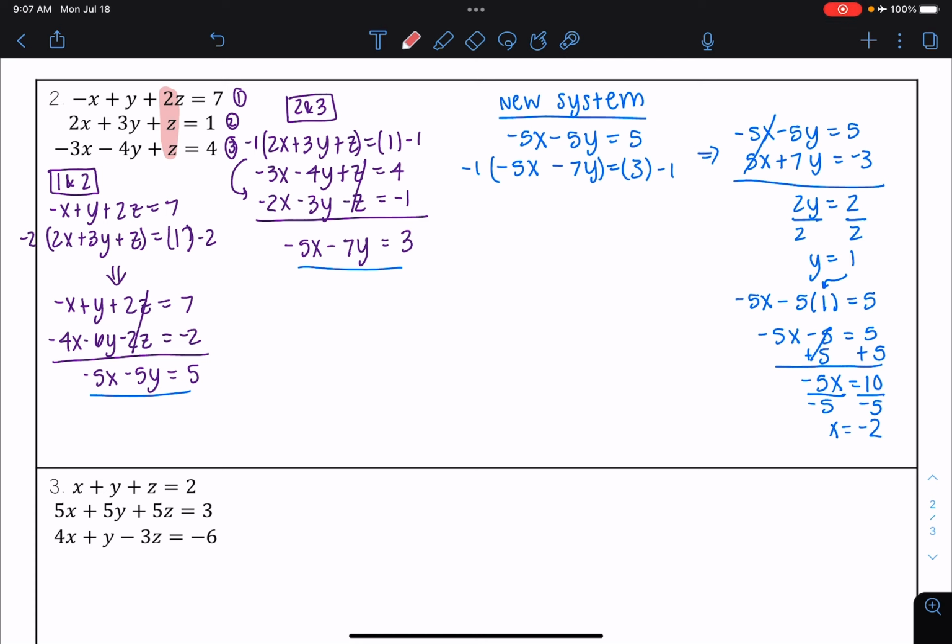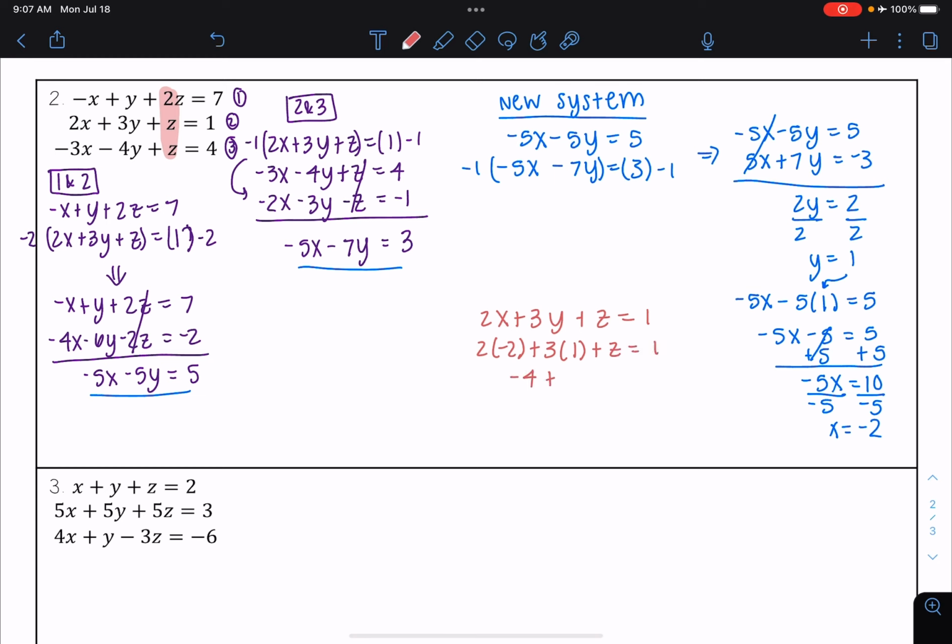Okay, so I have my x value, I have my y value. Now I need to plug that back in to find what my value of z is. It doesn't matter which equation you choose from 1, 2, and 3. I'm going to go ahead and go with equation 2. So I have 2x plus 3y plus z is equal to 1. So plugging in my new values, I get 2 times negative 2 plus 3 times 1 plus z is equal to 1.